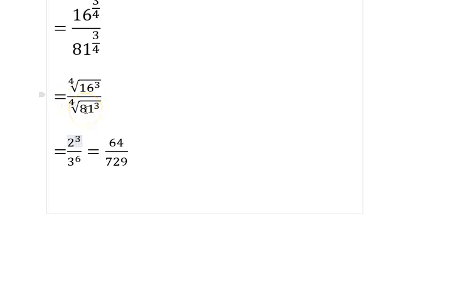That's 3. 3 times 3, 9, 9 times 3, 27, 27 times 3, 81. So it's going to be 3 raised to power 3. Beautiful. So you can leave your answer like this, or do it further. 2 raised to power 3 is 2 times 2, 4, 4 times 2, 8. Then 3 raised to power 3 is 3 times 3, 9, 9 times 3, 27.